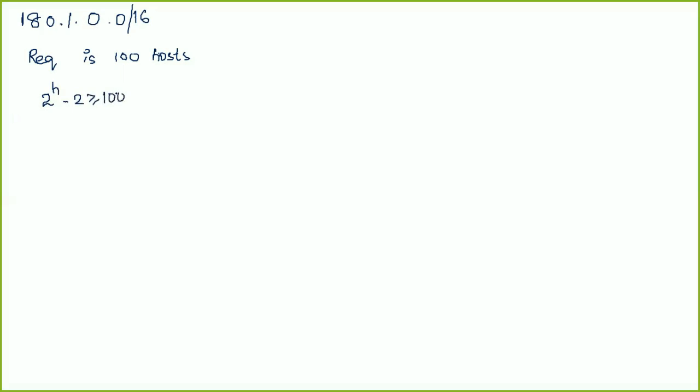What will be the H value? 2 power 4 is 16, 2 power 5 is 32, 2 power 6 is 64, 2 power 7 is 128, 2 power 8 is 256. So what will be the H value? 7, sir. 2 power 7, okay. So H value will be 7. After this, what should I do?